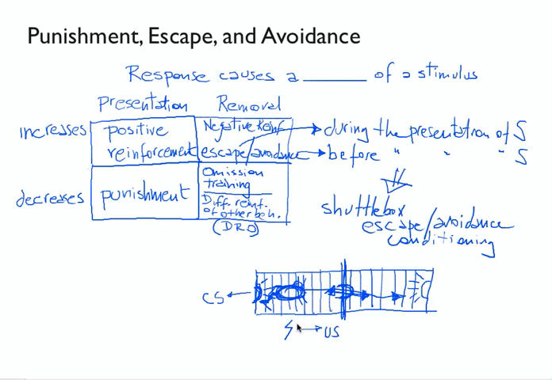In fact, in many experiments it has been shown that you can cancel the US altogether, and a well-trained animal may shuttle from one side to the other just by turning on and off the lights. That is, this shuttling response, this avoidance response, is highly resistant to extinction. Right?